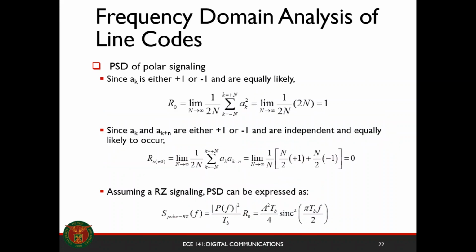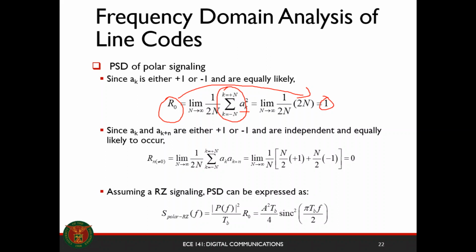For polar signaling, since A sub k is either +1 or -1 and equally likely, if we have a delay of 0, we're just getting the average of your A sub k squared, which is either +1 or -1. If you take the square of that, it's just 1, so we get R sub 0 equals 1.